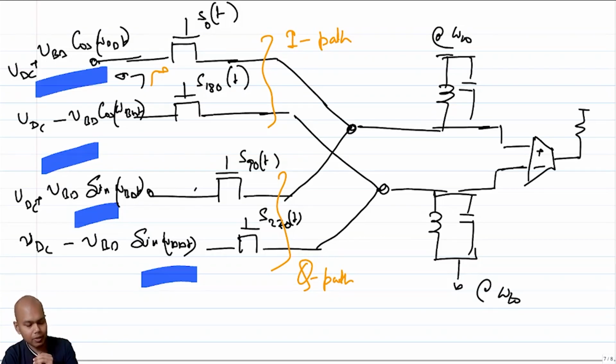Because there can be some coupling. And one practical problem that happens is that invariably these two lines have to be routed closely because they are going into some differential amplifier somewhere on the chip, right?